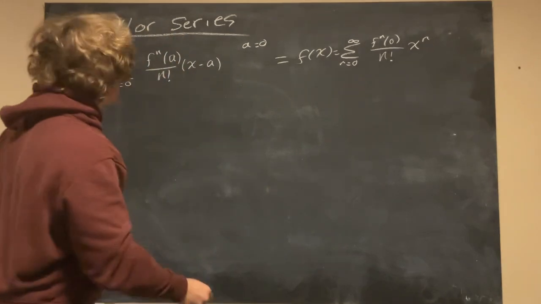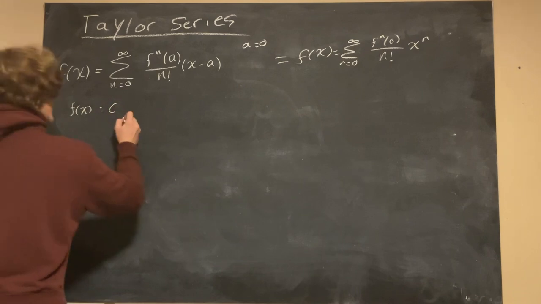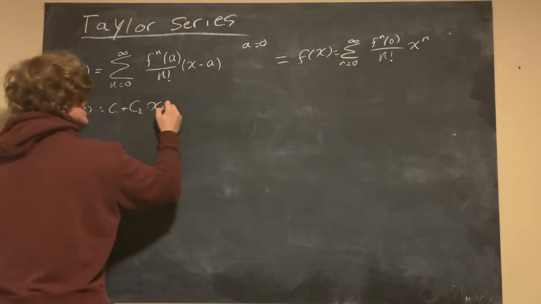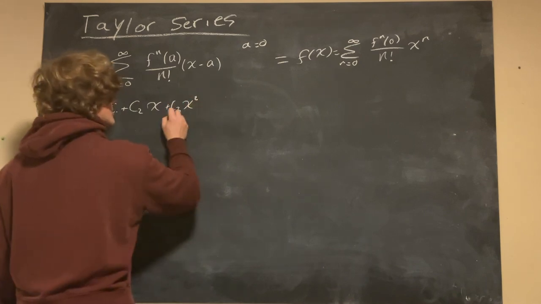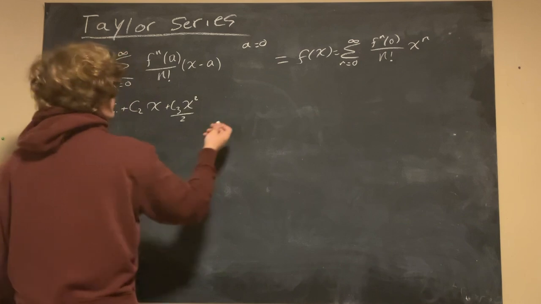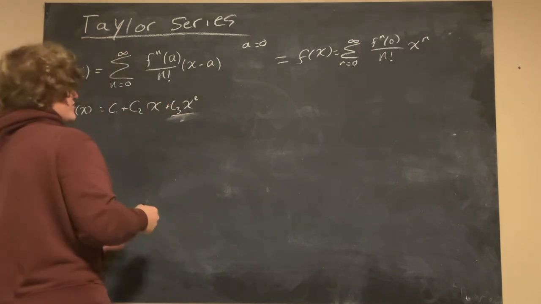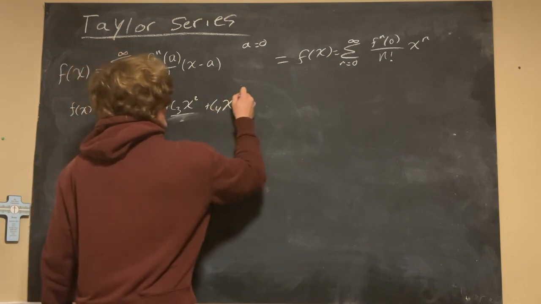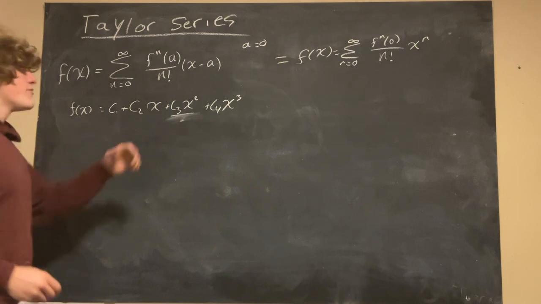So this would say that our function is equal to a constant plus a second constant times x plus a third constant times x squared divided by 2, or you could just write this as a third constant and have the divided by 2 in there, plus a fourth constant times x to the third, and you get it. It just goes on and on and on forever.